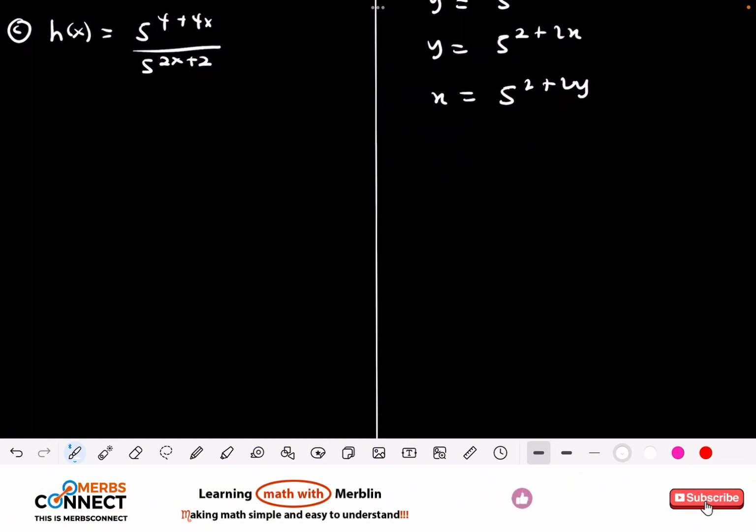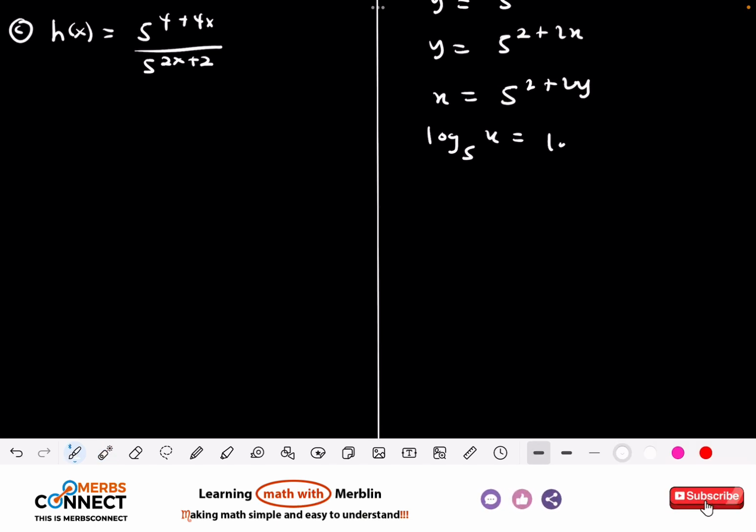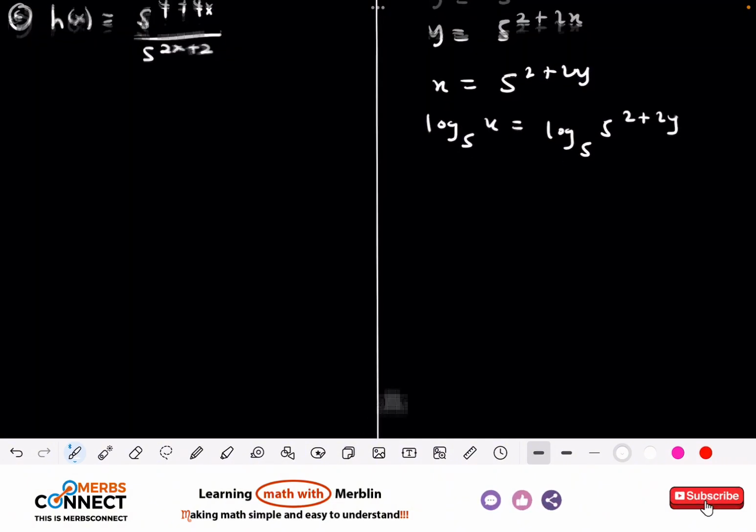We've done this before. So we need to take log to the base 5. I hope right now you understand the reason why we are taking it: because this is 5 and it's an exponential function, we need to take the log but to the base 5. So log base 5 of x is equal to log base 5 of 5 to the power 2 plus 2y.